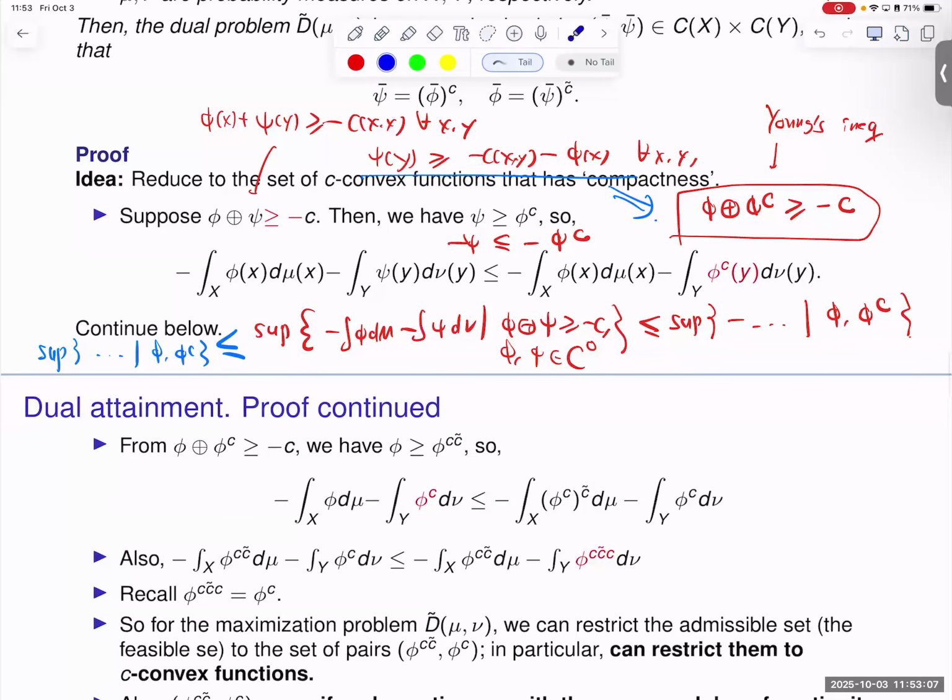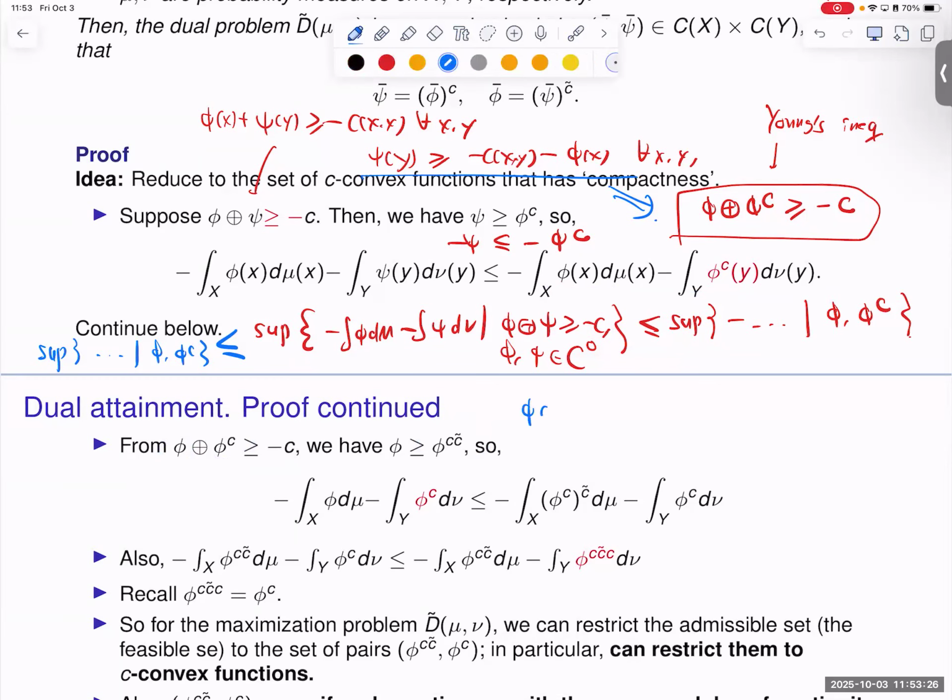We can do the same game with this expression. Now we can do the same game again. Then this phi is bigger than or equal to the Legendre transform of this phi c. We are just using the same expression again.